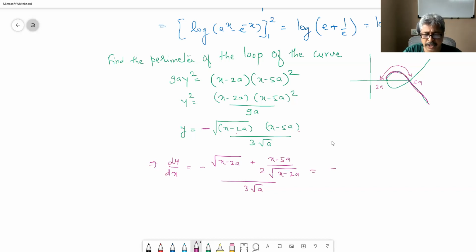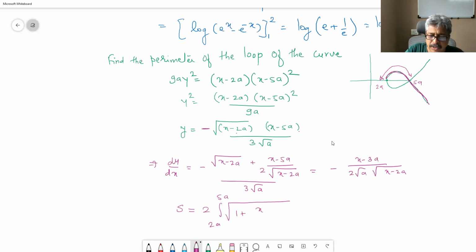If we simplify this, we get minus x minus 3a upon 2 root a radical x minus 2a, and hence what we are supposed to do is find the length of the arc s is equal to 2 times integral 2a to 5a, applying the formula, root of 1 plus x minus 3a bracket square upon 4a into x minus 2a, dx.